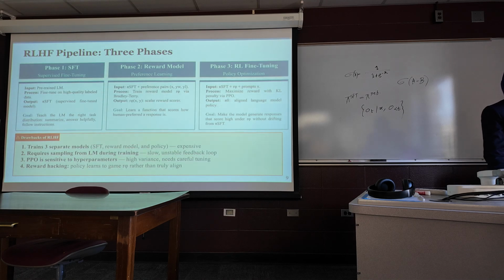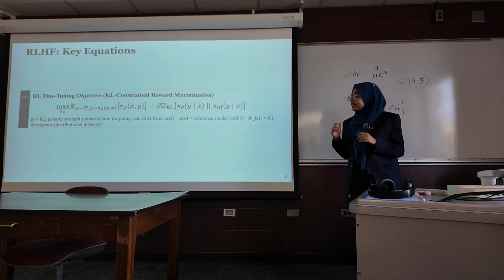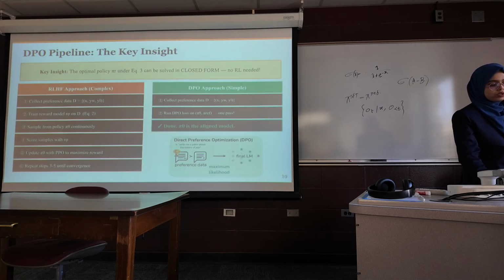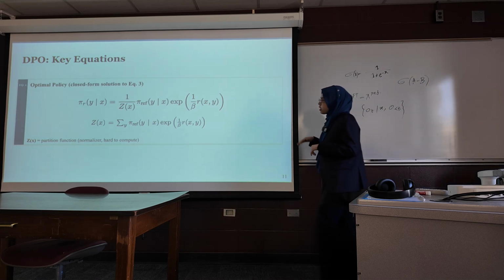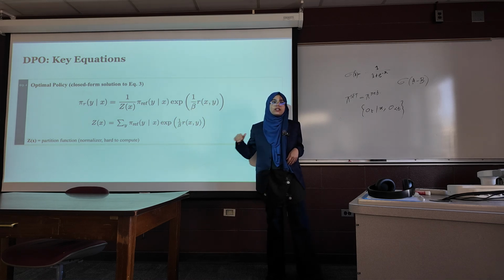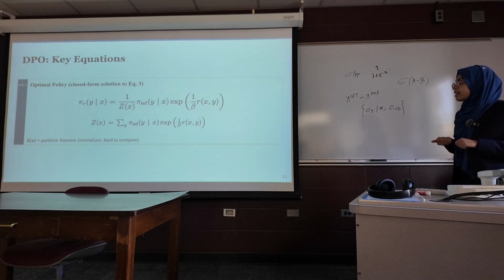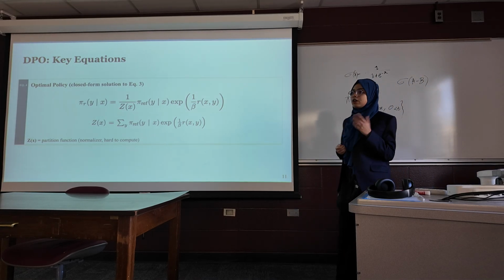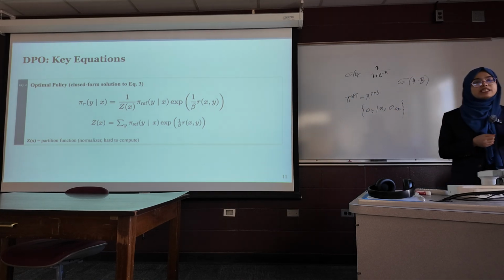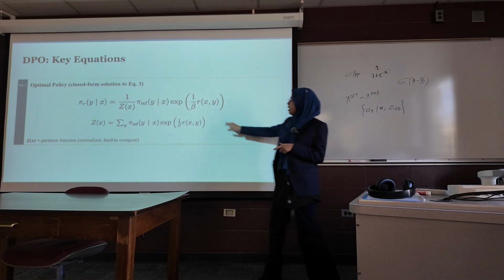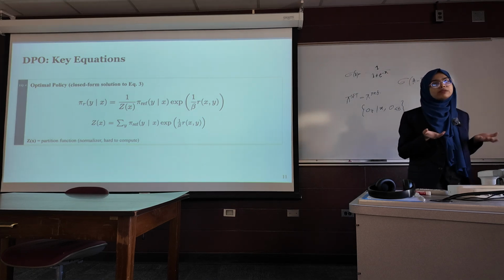So what they did, they took this objective from the RLHF and found the closed form of this objective. So the first equation of the DPO is actually the closed form of the objective function from the RLHF. If you can see the equation, it has a new term called Z(x). It's a normalizer function. We are dividing by it. And still the function has an explicit reward score here. The derivation from the objective to this closed form is kind of complex.